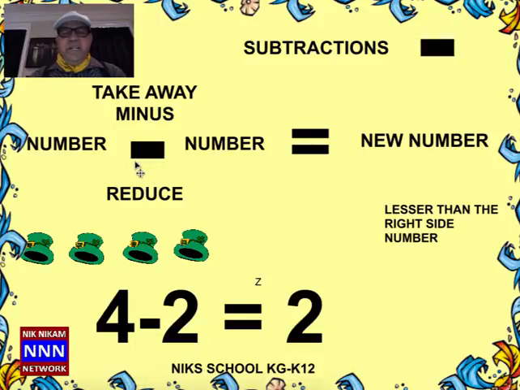The minus sign tells us take away or minus or reduce the number of items on the left side by the number represented on the right side. And when you take away the numbers represented on the right side, you're going to be left with a new number, and that is going to be the answer for your subtraction problem.